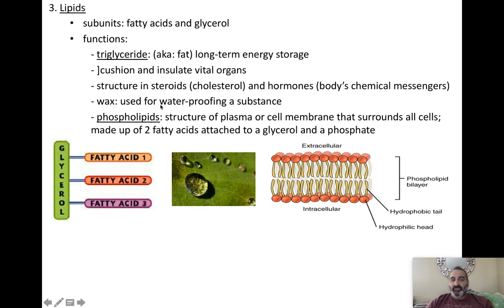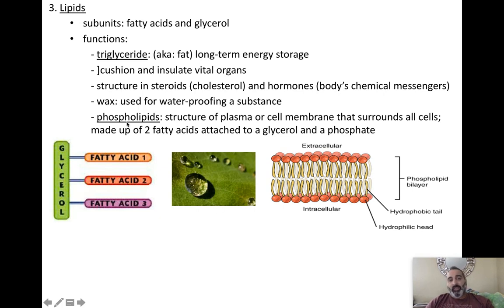Wax, for example, is a waterproofing substance. I've already mentioned this earlier. Plants have waxy leaves so that water runs off, so that air, oxygen, and CO2 can get in and out of their leaves. If water would just stick there, it would block air from getting in and out, and they need air to get in and out of their leaves. So they have wax to get the water to roll right off.